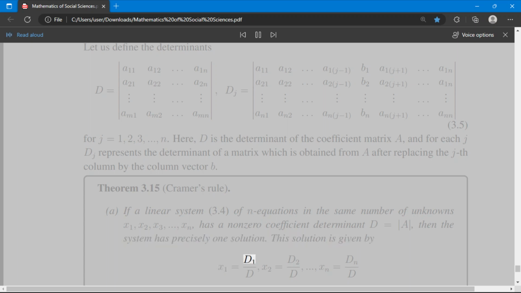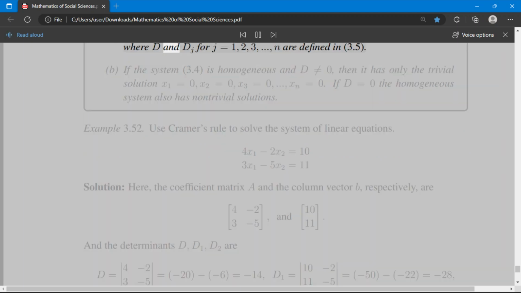This solution is given by x1 = D1/D, x2 = D2/D, ..., xn = Dn/D, where D and Dj for j = 1, 2, 3, ..., n are defined in (3.5).